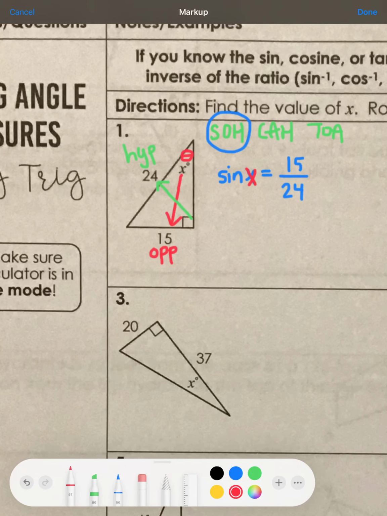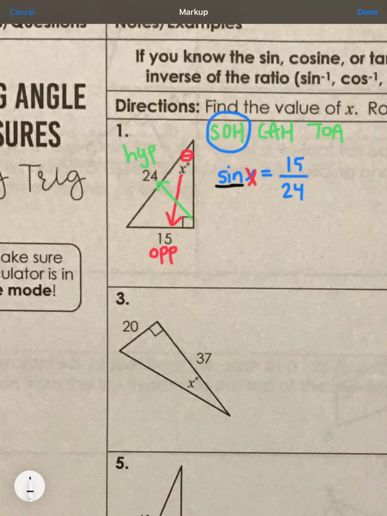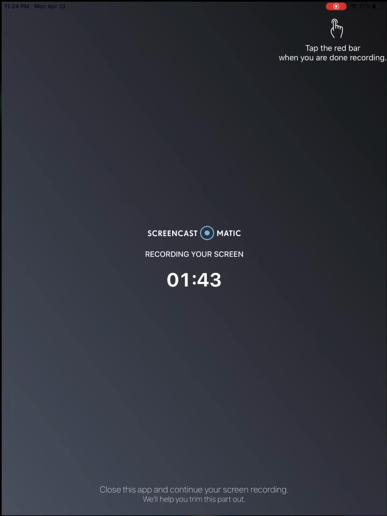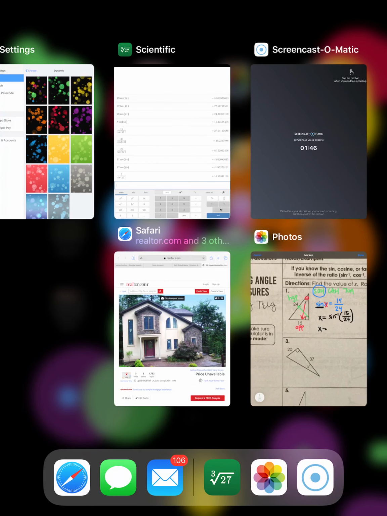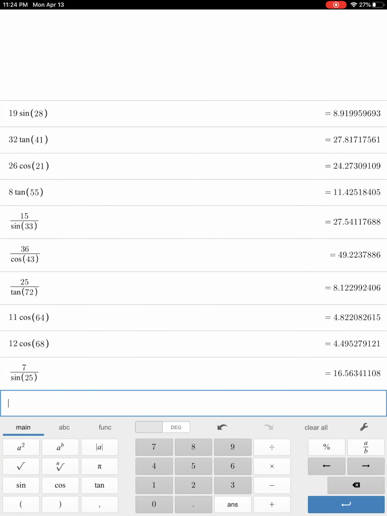Now, it wouldn't make any sense to multiply by 24 because that's not helping us get x by itself. So instead, when you are trying to find an angle, you need to get rid of the sine. And to do that, we do the inverse of sine. So do the inverse of sine, and then 15 divided by 24.